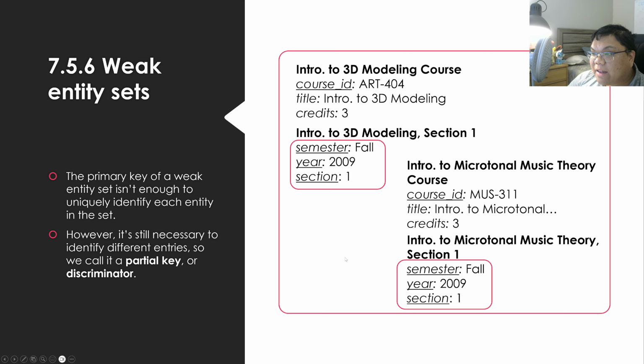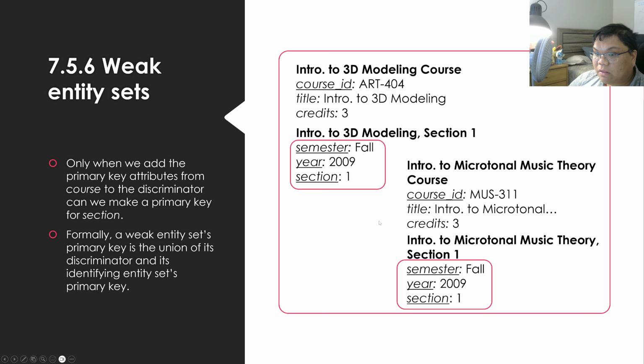It's only when we add the primary key attributes from course that we can tell them apart. So we can't call this a primary key anymore. We call it a partial key or discriminator.